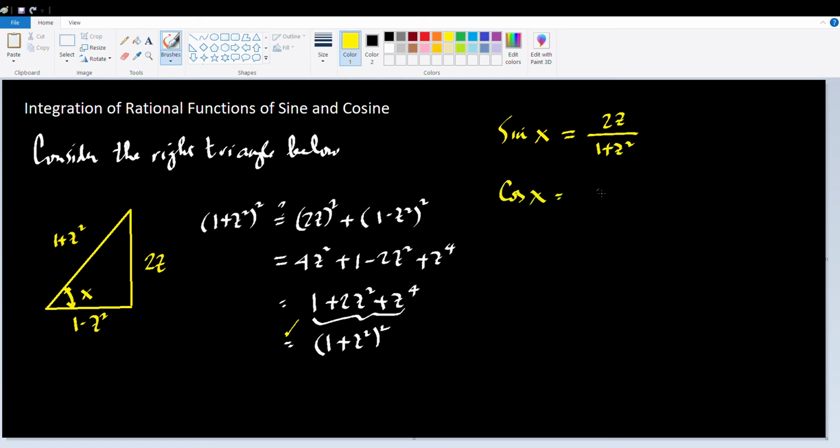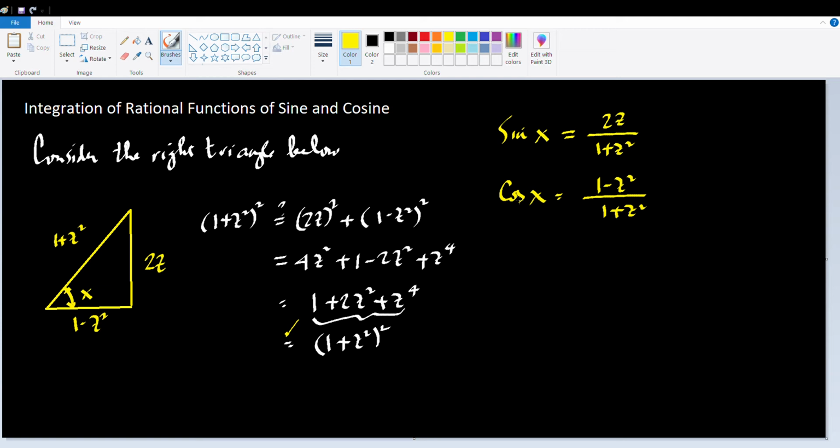Cosine x is equal to 1 minus z squared all over 1 plus z squared. So sine x will be replaced by the variable z. The exact expression for sine x will be 2z all over 1 plus z squared. For cosine x, it is 1 minus z squared over 1 plus z squared.